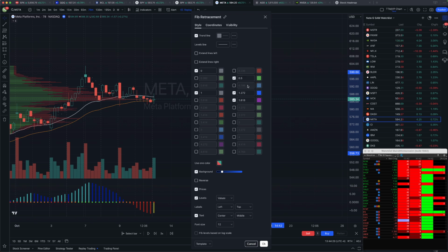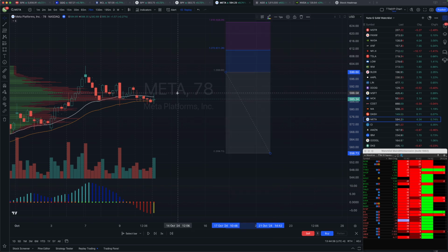You can turn off the 78, but then you want to keep your 1272 and 1618 so that when you do that pattern, you know where those two extensions are from 0 to 100%, right? You could even turn off the 50% if you don't want it. So if you turned off all of those, the chart, the indicator ends up looking like that.